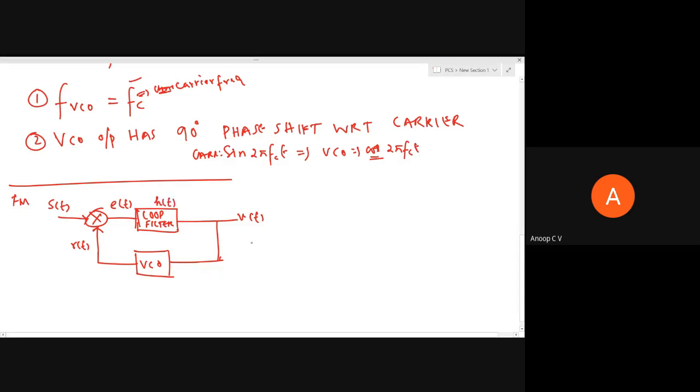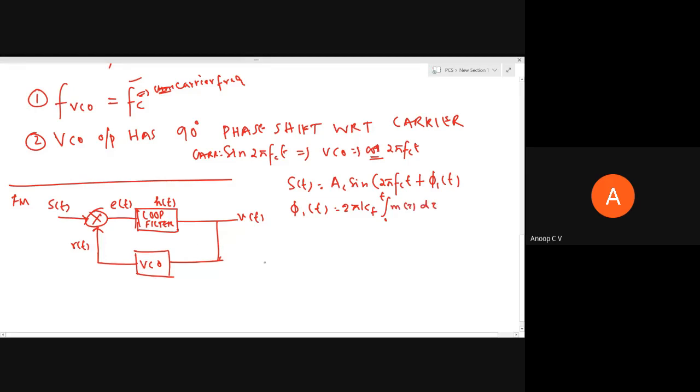So this is our VCO. S of t we have already written as AC sine 2 pi FCT plus phi 1 of t, and this phi 1 of t was in turn 2 pi kf times the integral from 0 to t of m of tau d tau. So we already know that.